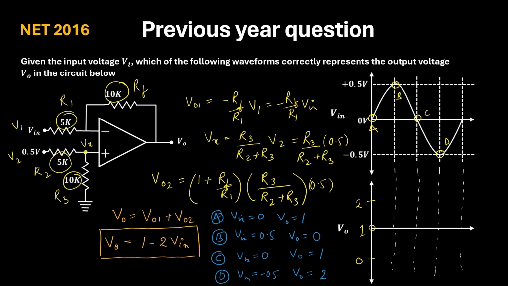At point C, that is at V in equal to 0, V0 is 1 again. And at point D, when V in is minus 0.5, V0 is equal to 2. So now we can draw the output pattern, it will look something like this. So this is the answer.